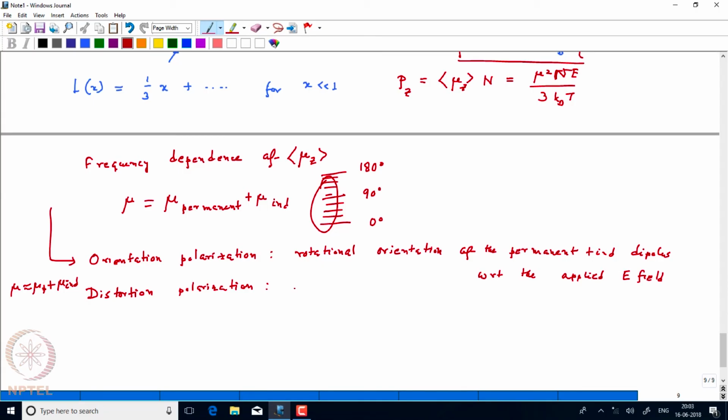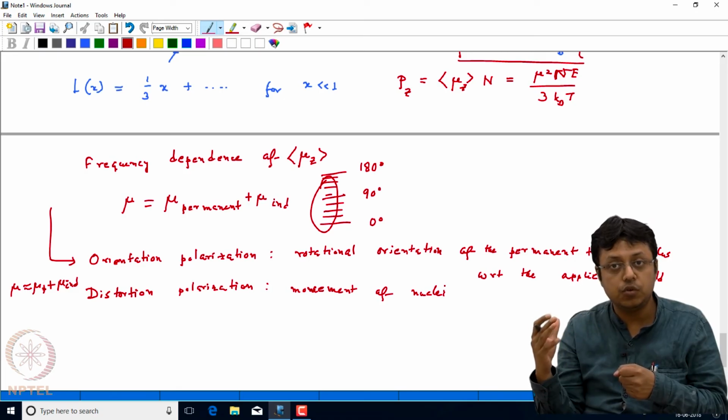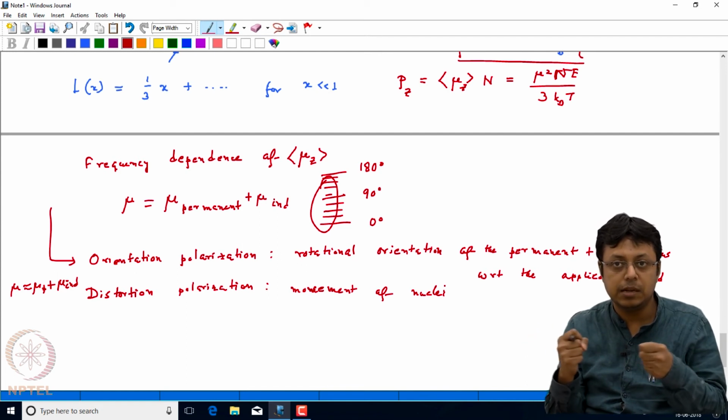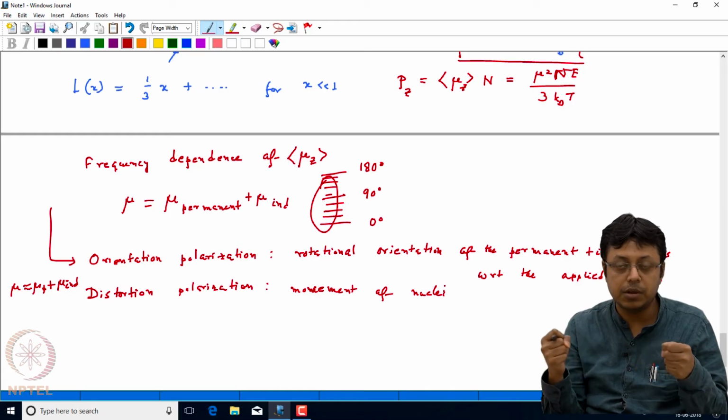Then the next thing that comes is basically the movement of nuclei. So, it is directly connected to bond vibrations. But again, if I increase the frequency too much, the bond vibrations also have typical time scales of picoseconds or sub-picoseconds, a few hundreds of femtoseconds.